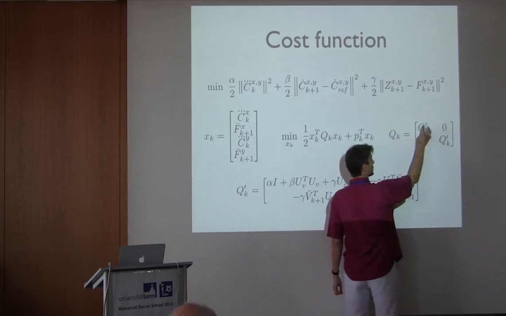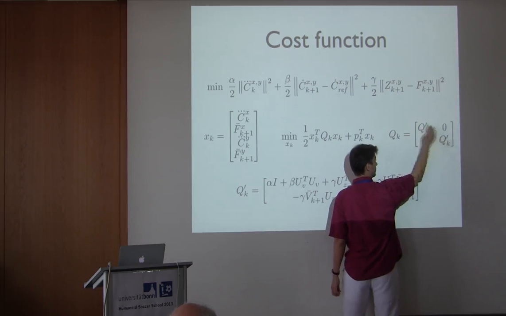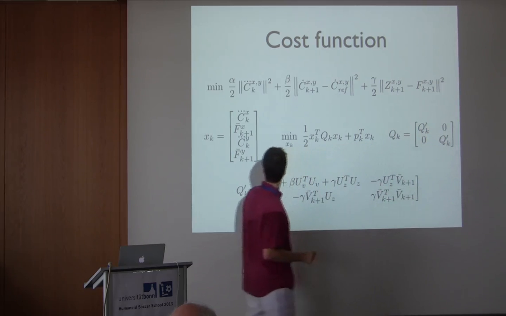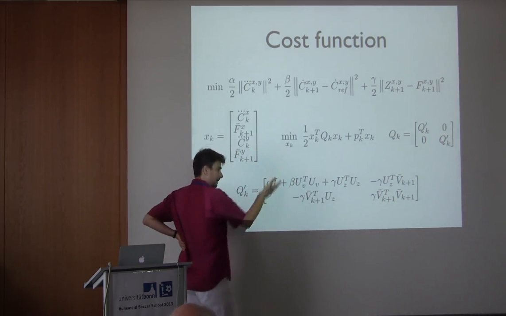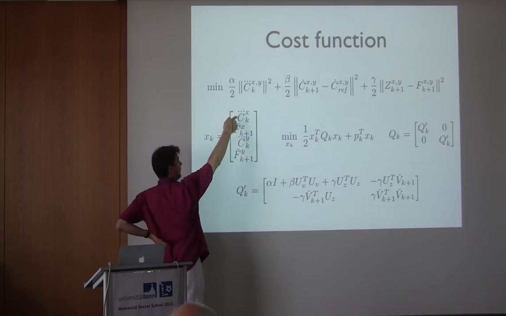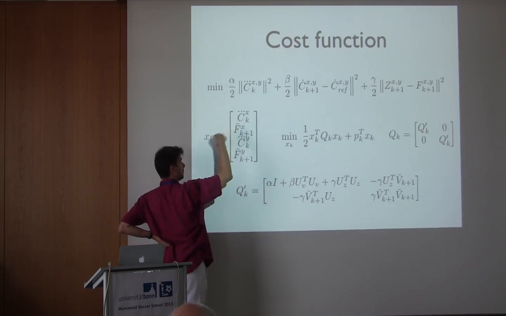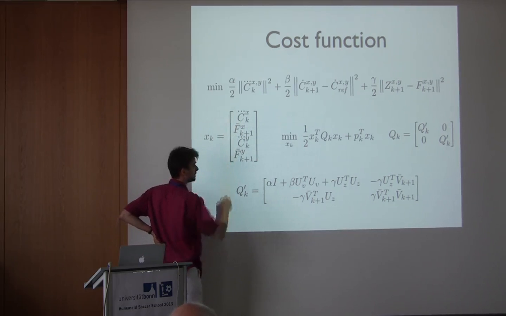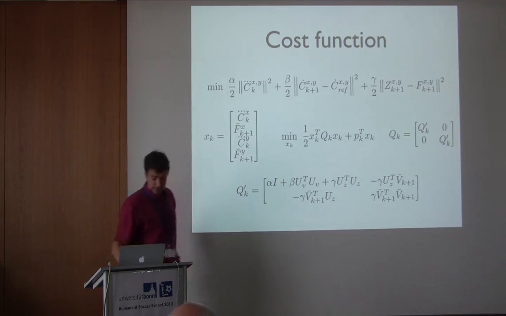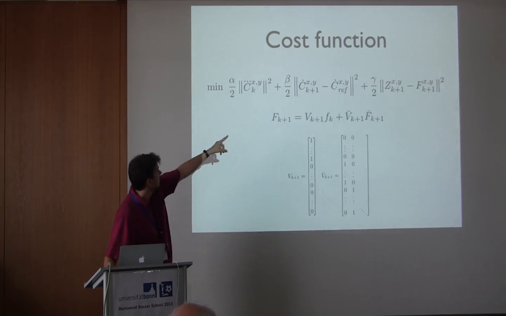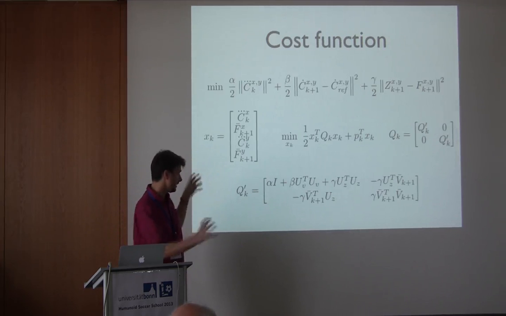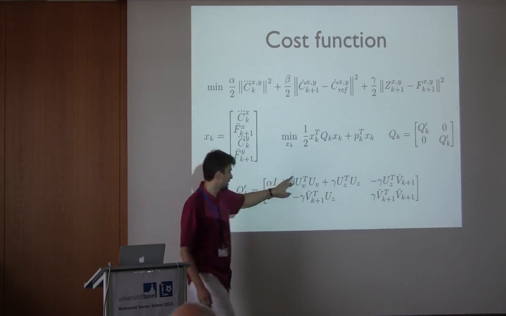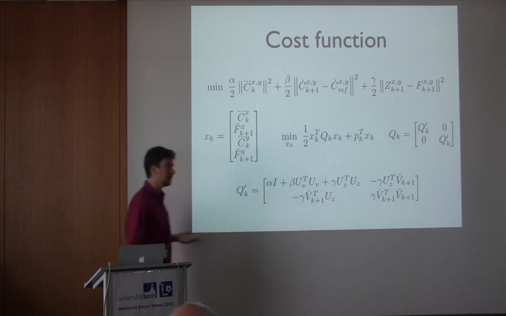So in fact you have a matrix of this form with 2 times the same matrix on the diagonal. Then in xk, what is our working variable? It will be the jerk in x and y coordinates, and the next footsteps in x and y coordinates. And then you just replace these equations here, and by just recombining things, you obtain this kind of matrix. Okay?